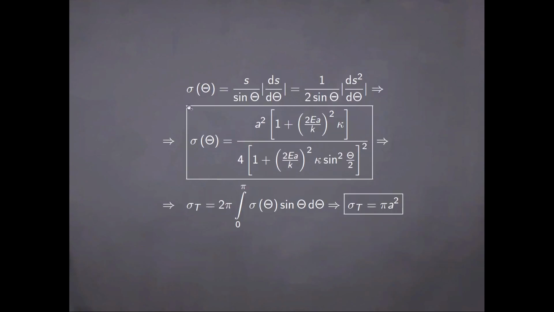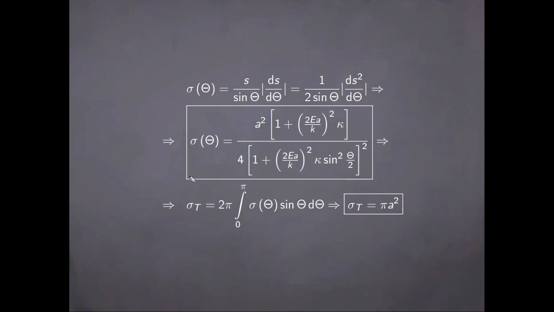And then using the definition of the differential cross section, we can rewrite it first of all in the equivalent form here, which obviously gives the same result as the expression here, and when put in this form, it allows for a simpler evaluation and leads to the boxed result here.